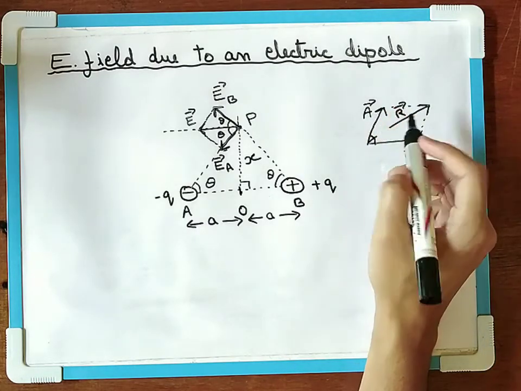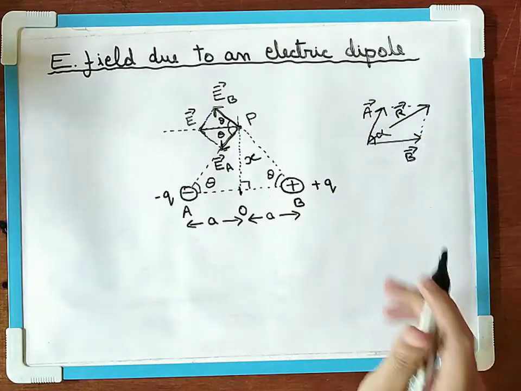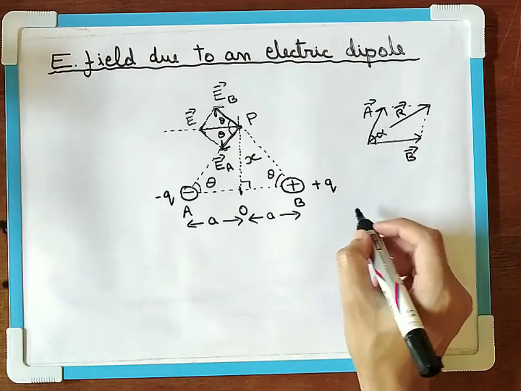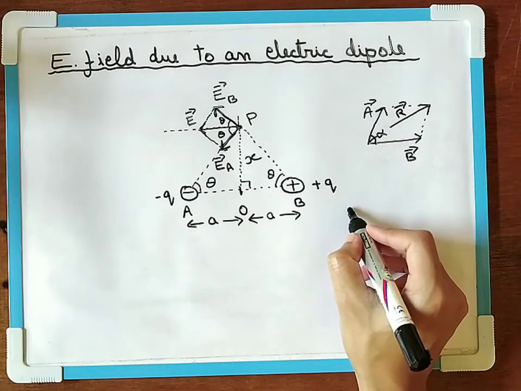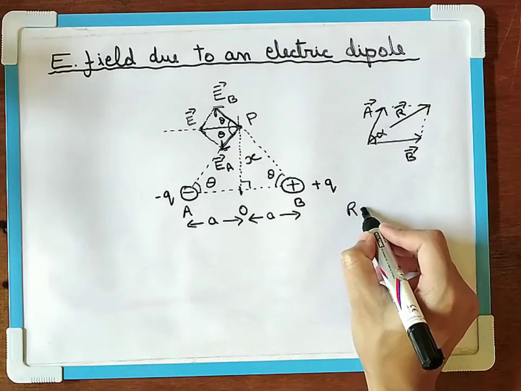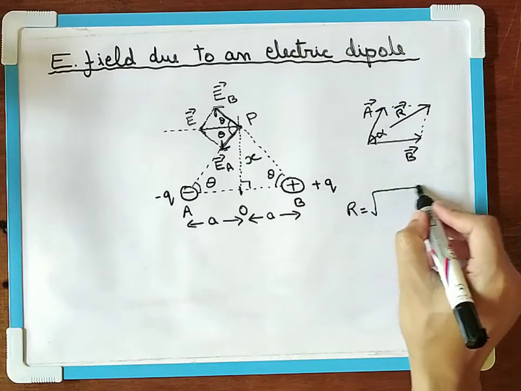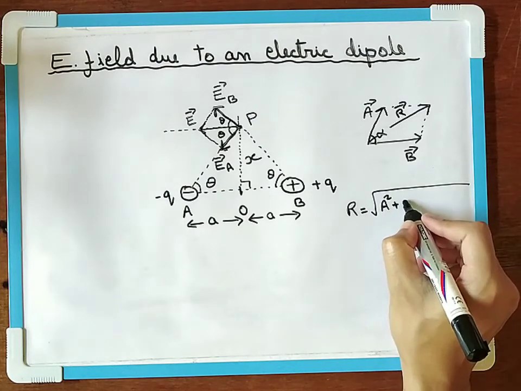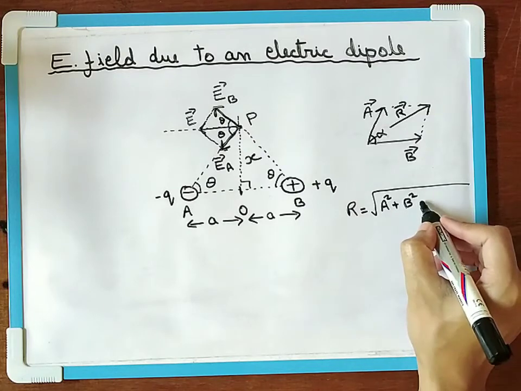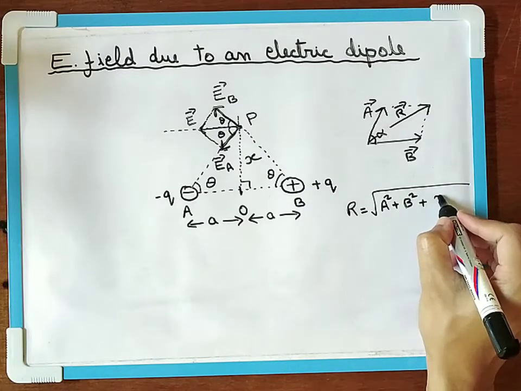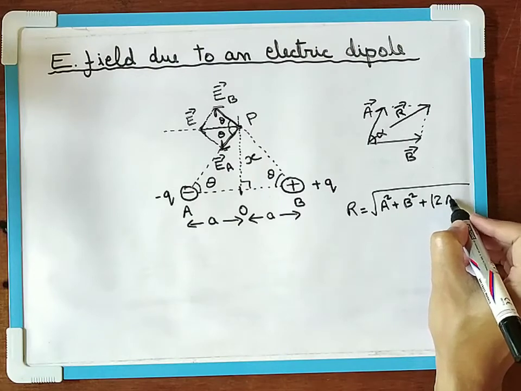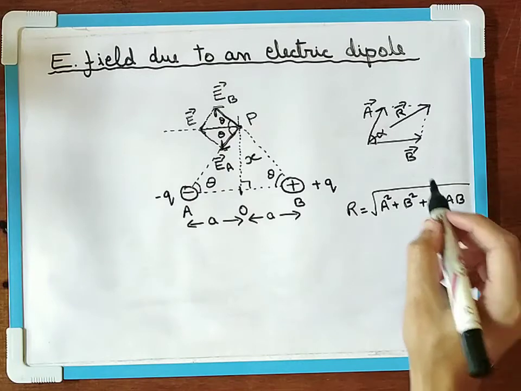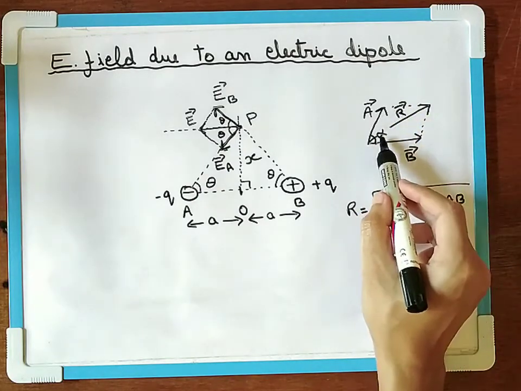So first let this angle be alpha, the angle between the vector A and the vector B. Now the magnitude R is equal to the square of the magnitude A plus the square of the magnitude B, plus 2 A into B, then cos of the angle between the two vectors A and B, which is alpha.